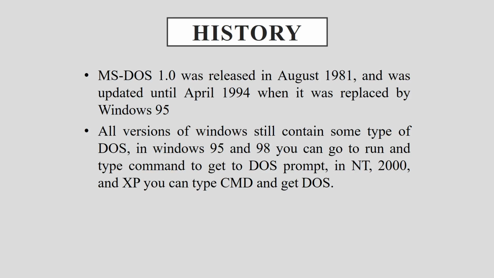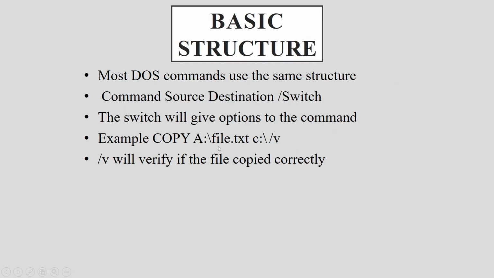And there, we have to follow the syntax in applying the basic commands. For example, we have here applying the copy command, where we are going to copy the file .txt from the source drive A, root directory A, to the root directory C. Okay?